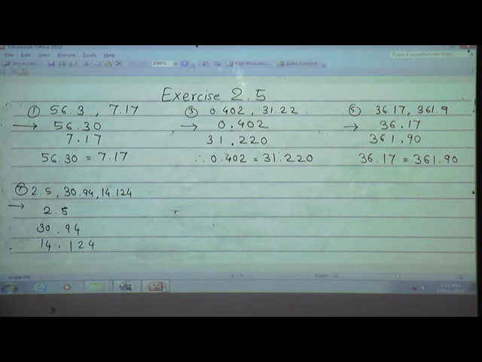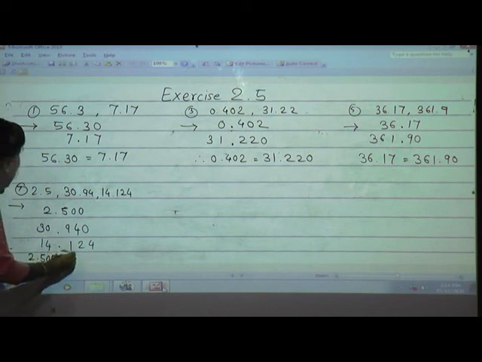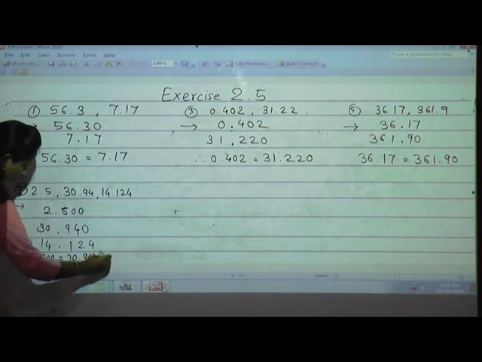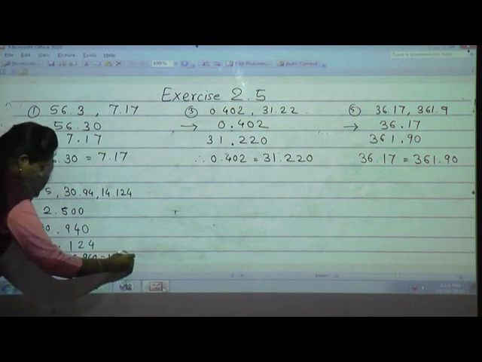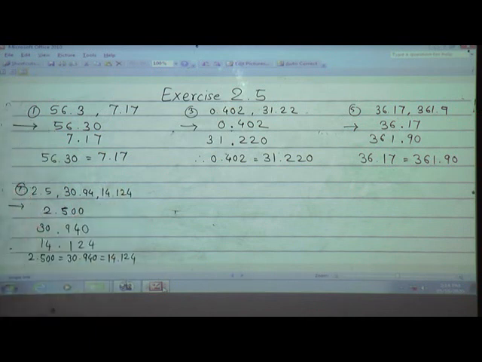Now we have to convert into 3 decimal places. So here I need to add 2 zeros and here I need to add 1 zero. Now you can say that 2.500 is equals to 30.940 is equals to 14.124. Now they have converted into like decimals, isn't it?